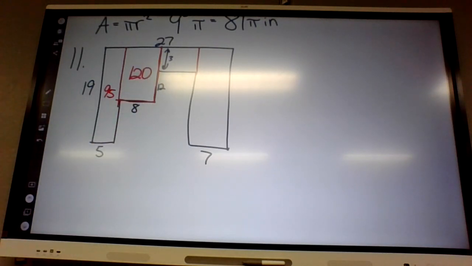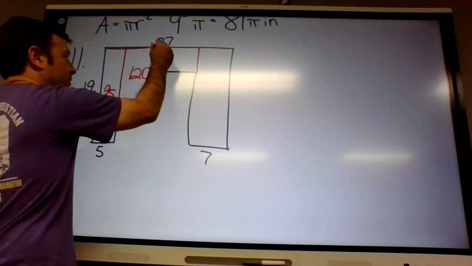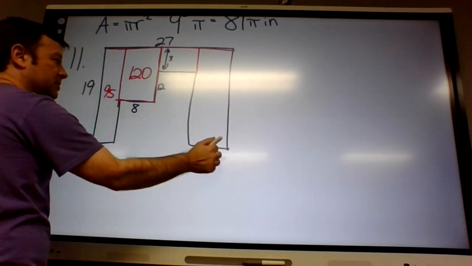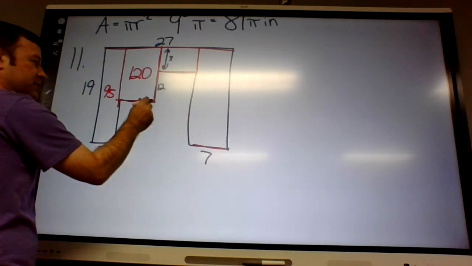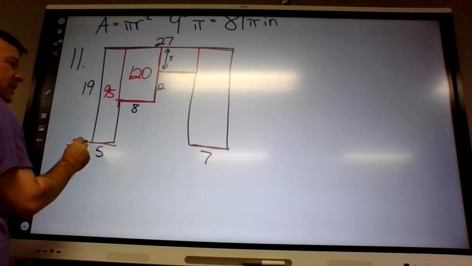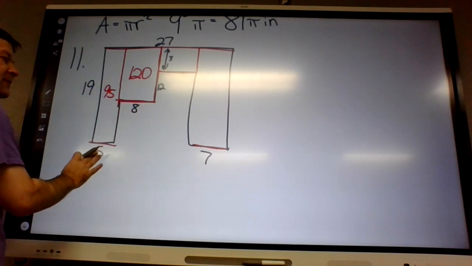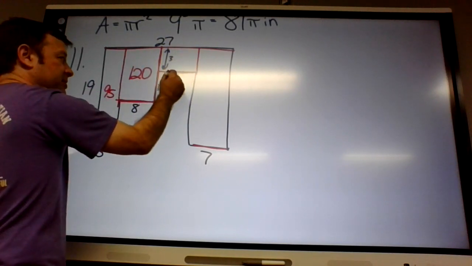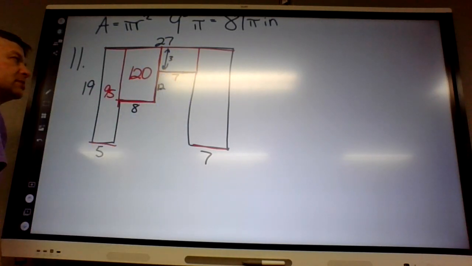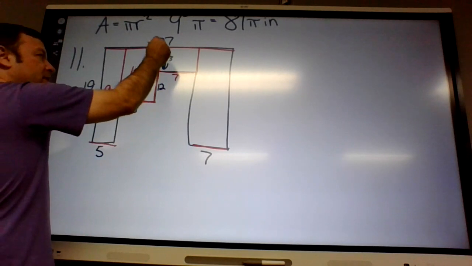7 times 3, right? Okay, so if it's 27 all the way across, how far is it from there to there? Well, this far is 7, this far is 8, this far is 5. 7 plus 8 plus 5 is 20, so that means to get all the way across this must be 7. So yes, it is 3 times 7.